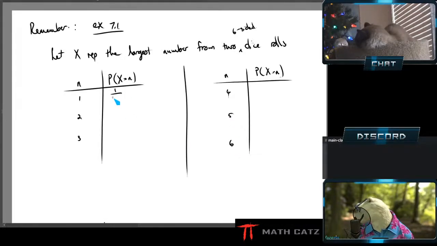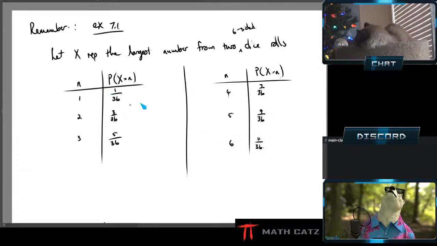So what was it? It was 1 out of 36, and then it was 3 out of 36. I'm just going off memory, right? We don't have to redo this. You can look it up, watch that video again. If you don't remember, this is what we got. And 11 out of 36. Check, they add up to 1. Probability distribution. I'm just splitting it in two so we don't scroll up and down.